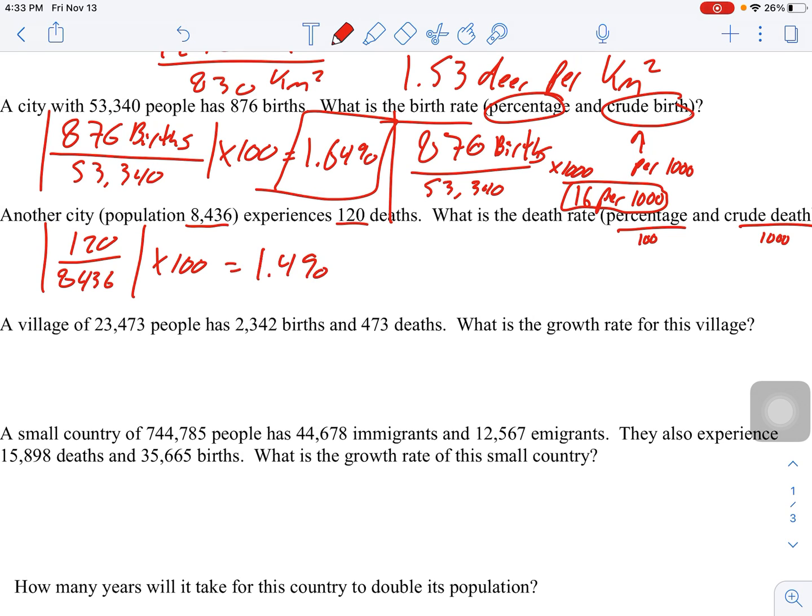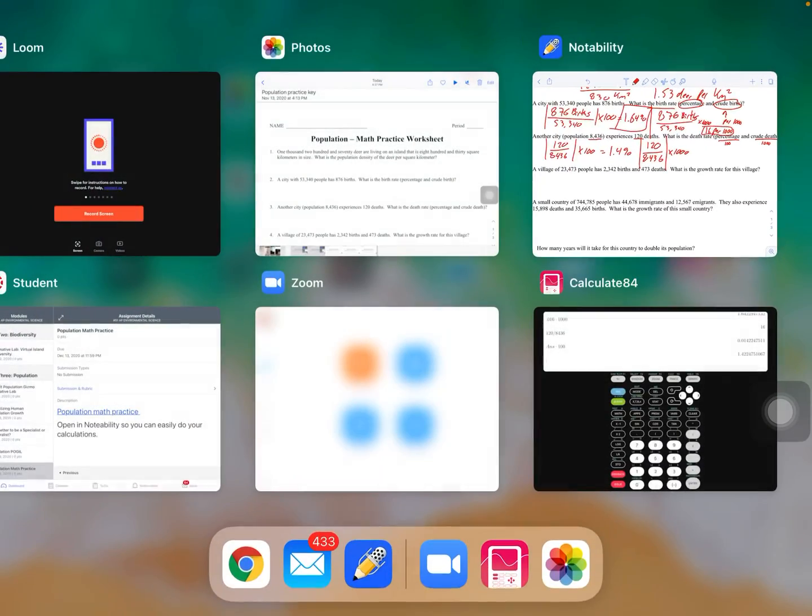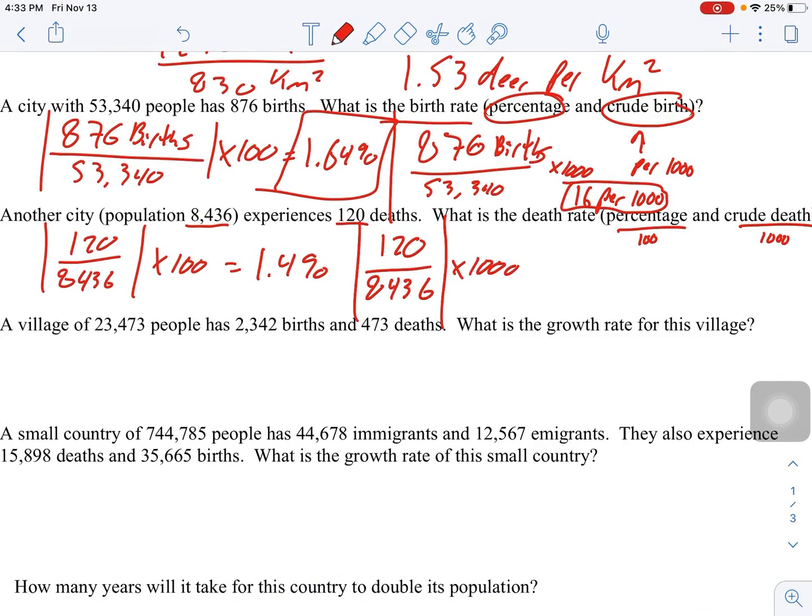And then the same thing for the crude death rate, except now we're going to multiply by 1,000. 120 deaths in a population of 8,436 people per 1,000. I can actually just do that in my head. I'm going to add another 0, so it's going to be 14 people per 1,000.